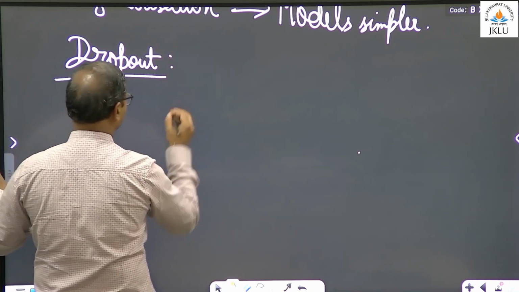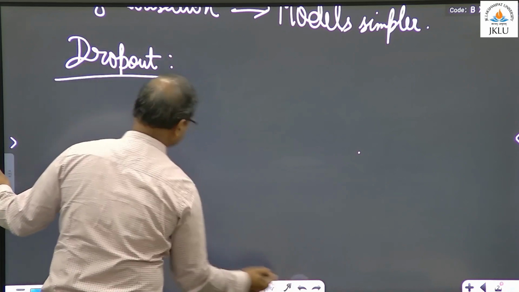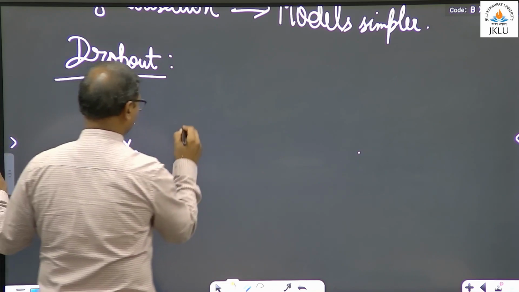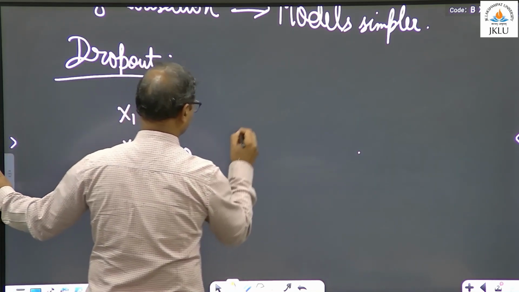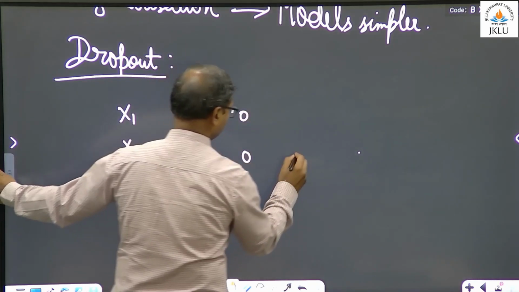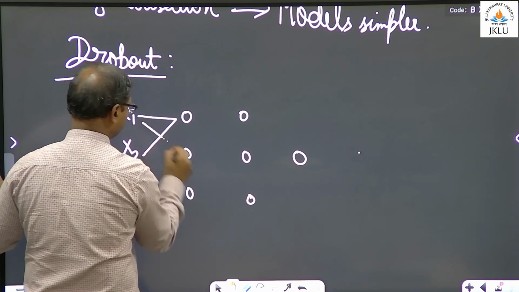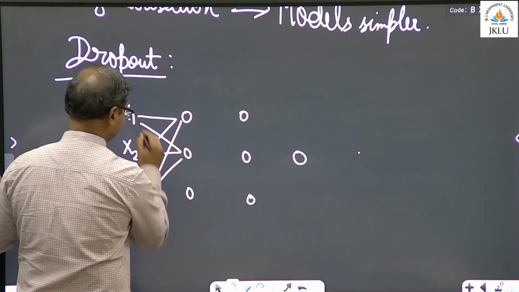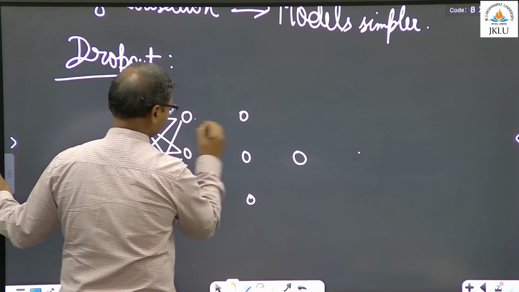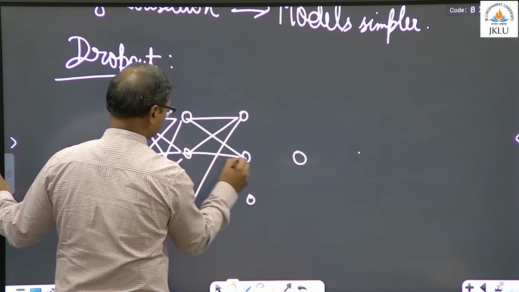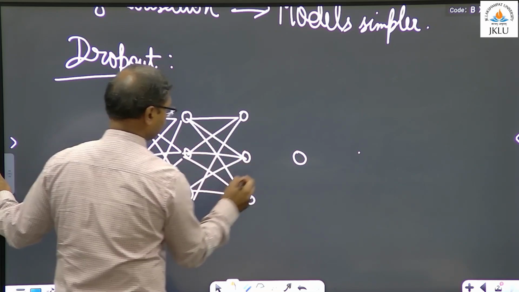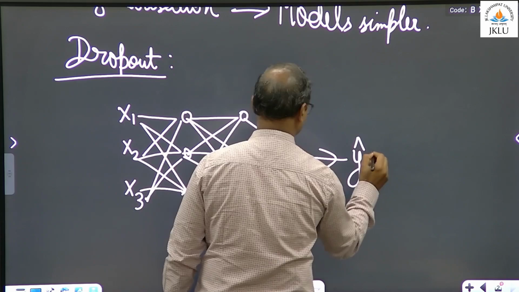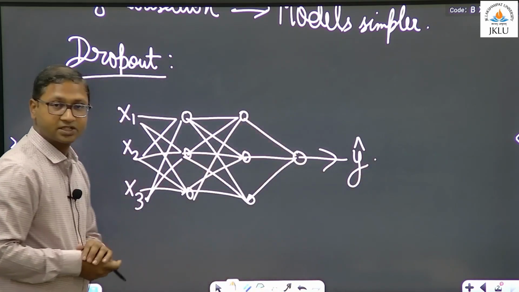So dropout, how does it work? Let's say this is my neural network.